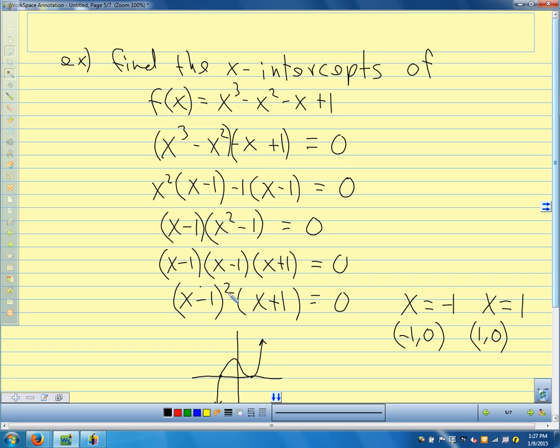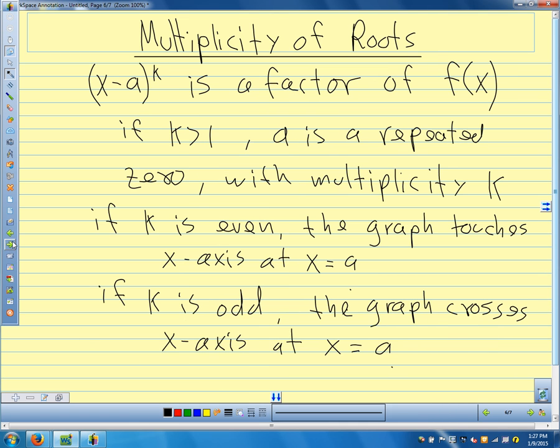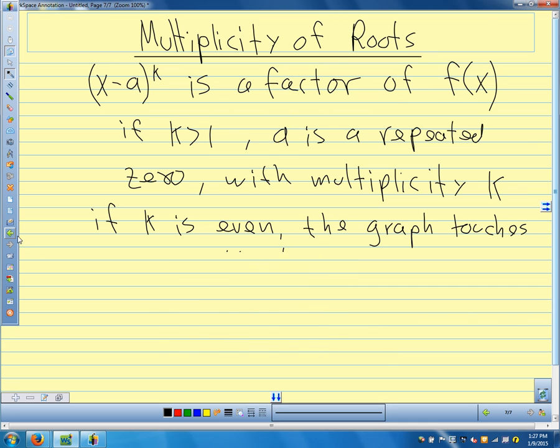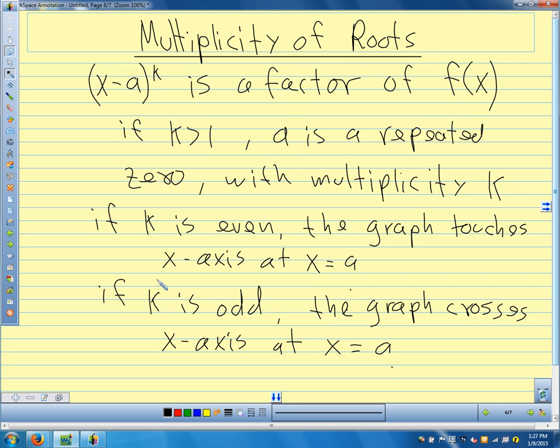So since this is multiplicity 2, our graph just touches the x-axis there, since that's even. And here x is negative 1. Our graph crosses the x-axis. Okay? All right, we good there? So another tool to help us analyze a graph of a polynomial.